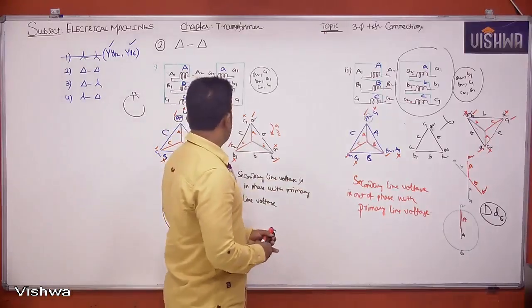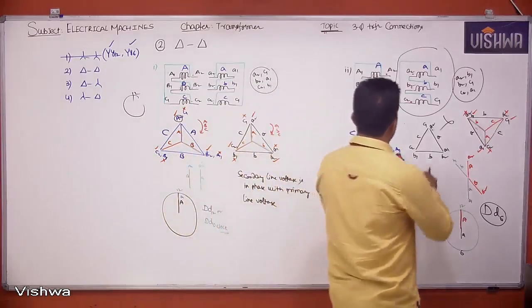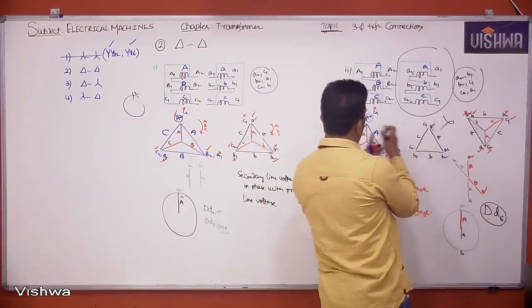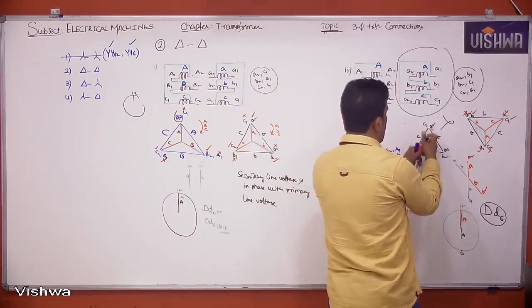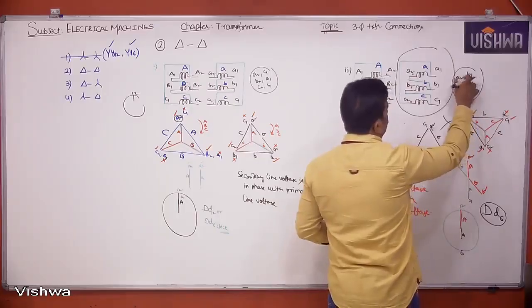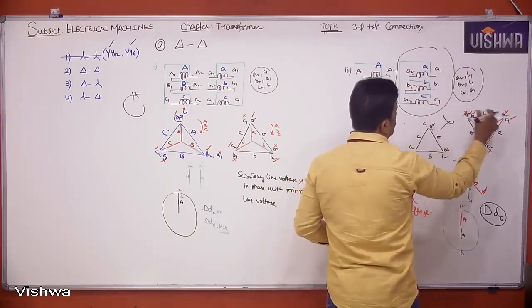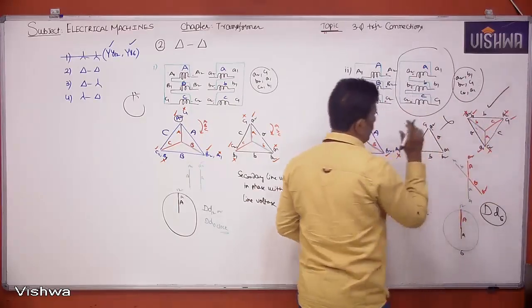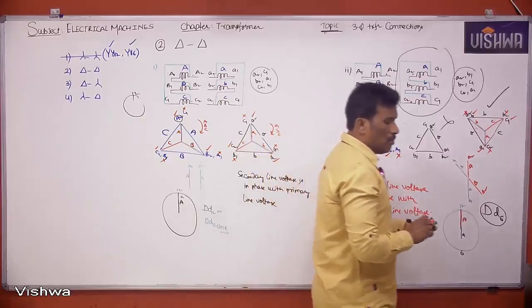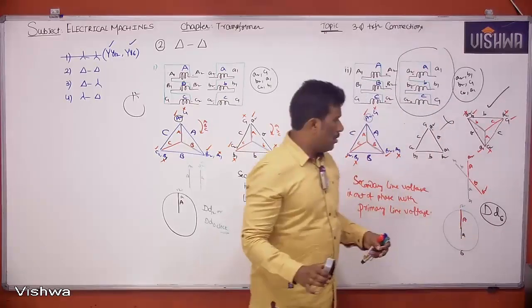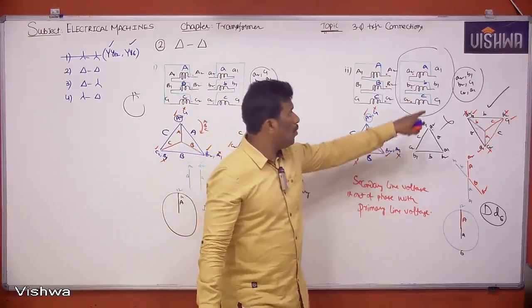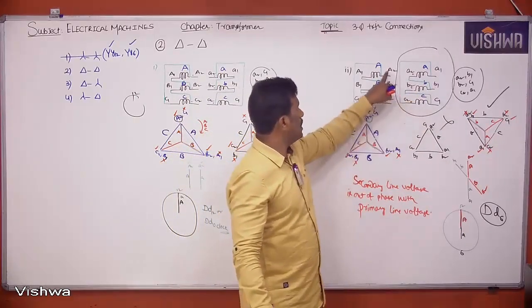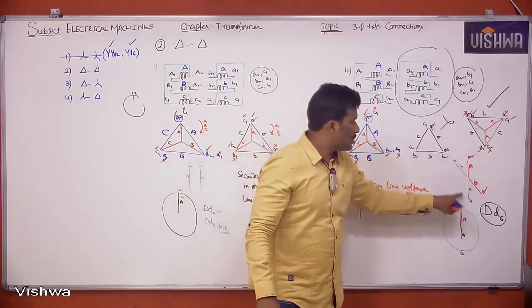Okay. First, observe clearly. Here I just drew the secondary parallel to the primary. Just drawn like this. This is wrong because you have to see this one. So from this I am just drawing correct. This is correct. This is wrong. Okay. And once again I am saying, to make you know that I am comparing line voltage in secondary with the line voltage of primary, that's why I am drawing all those things.